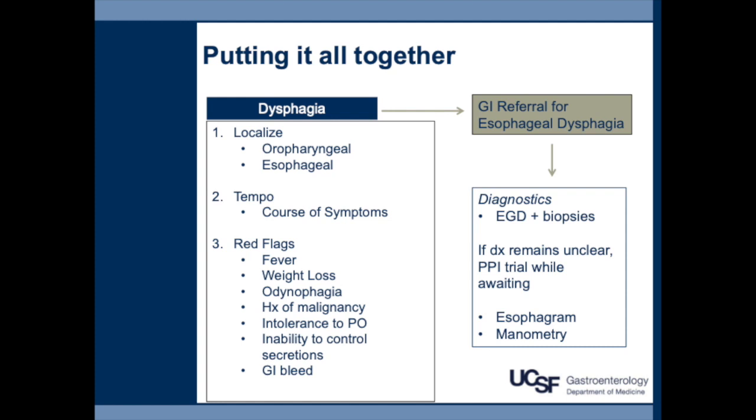If EGD and biopsy are negative for malignancy and the diagnosis remains unclear, while awaiting esophagram scheduling, you can start your patient on a PPI to identify whether there's symptom improvement. Lastly, manometry can help us identify the small subset of patients with motility disorders.